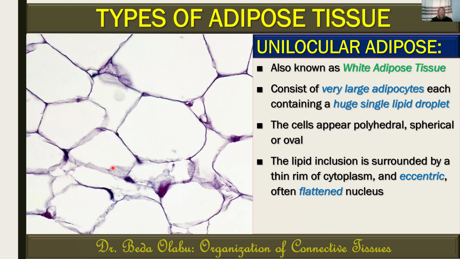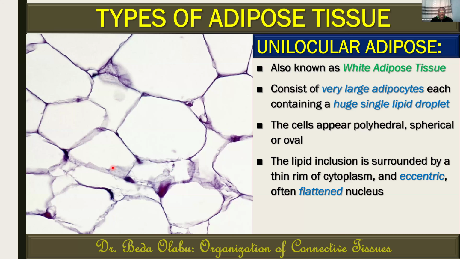Because the locule occupies a large space within the cytoplasm, it compresses the rest of the cytoplasm to a thin, very crescentic rim, and it also flattens the nuclei, also in an eccentric position. So the nucleus is not usually at the center of the adipocyte.